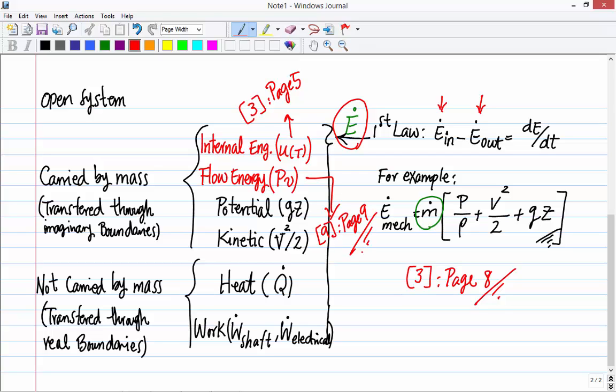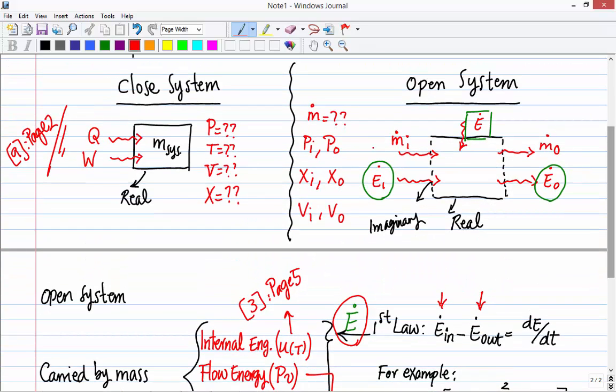Okay, great. So what are these two types of energies? The flow energy is, let's say here at the inlet you have a gas, a fluid that has a specific value for pressure.